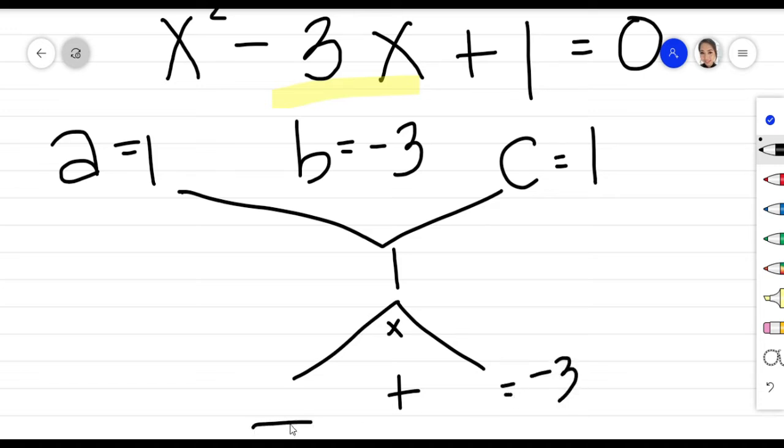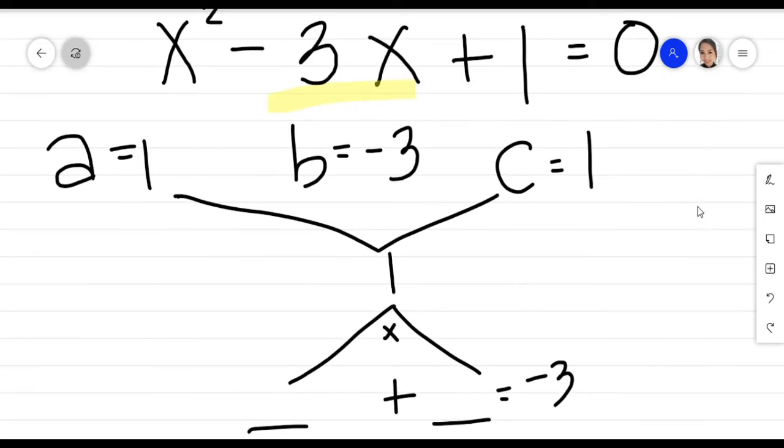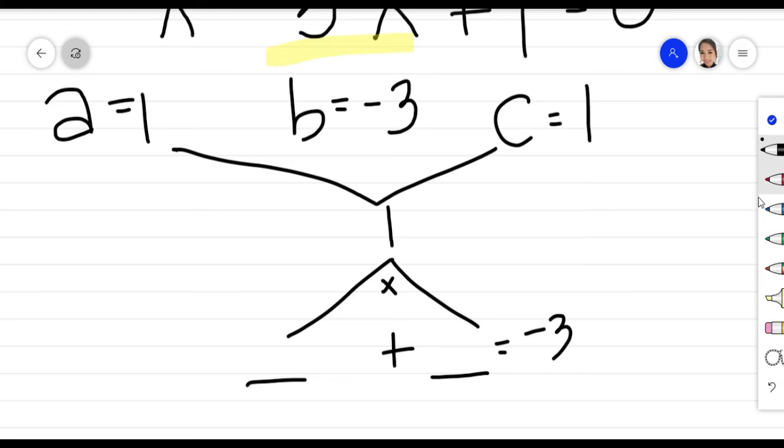Can you think of two such numbers? Obviously these numbers do not exist. Therefore, x squared minus 3x plus 1 is not factorable. We cannot use the Vedic method. So let's use the quadratic formula in this case.